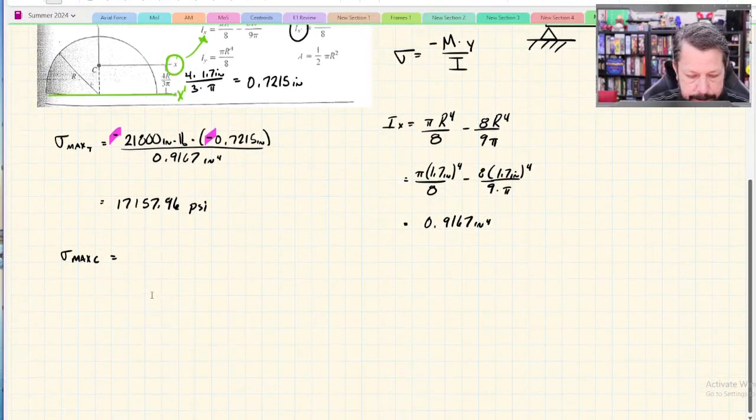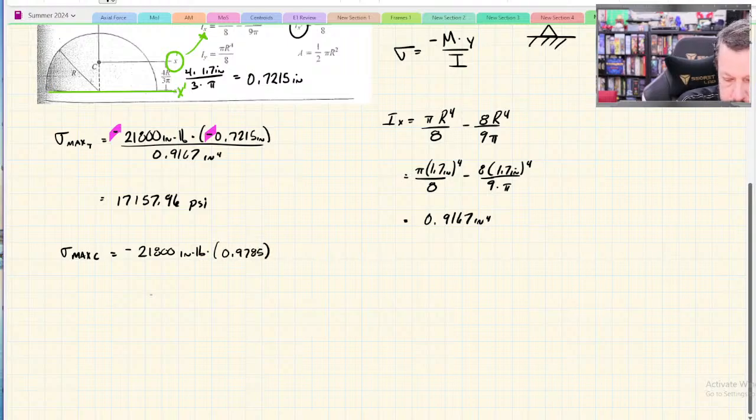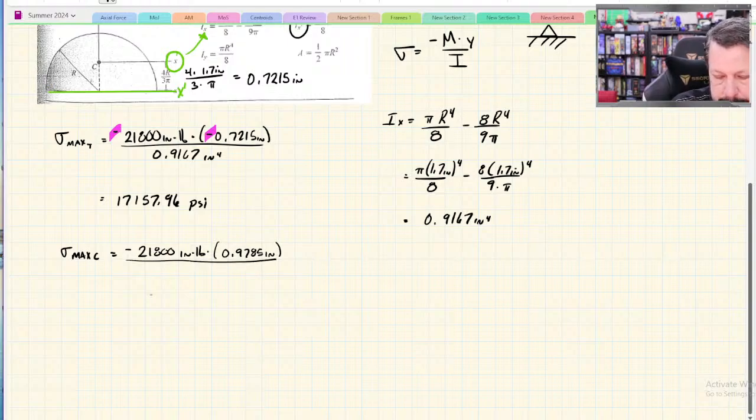Okay, so everything else is the same. Negative 21,800 inch-pounds times a positive 0.9785. That's inches, and this number comes out negative, which compression stresses are going to be negative. Same moment of inertia, same units of PSI.